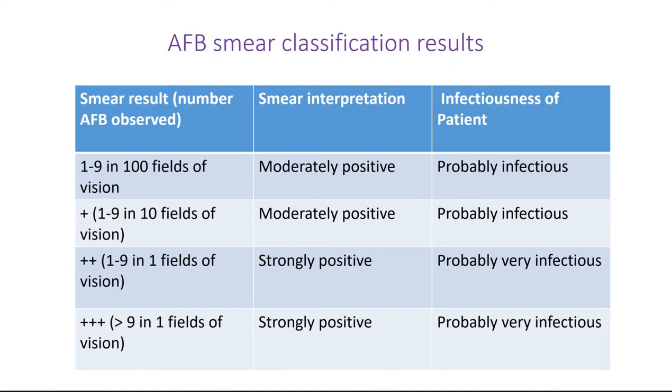And how can we classify the results of the acid-fast bacilli smear? If it is a positive result, we will see one of the results mentioned in the first column of this table, and the second column tells us about the smear interpretation.